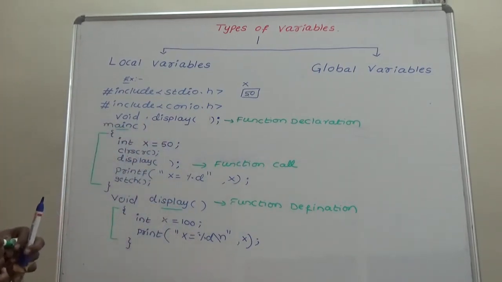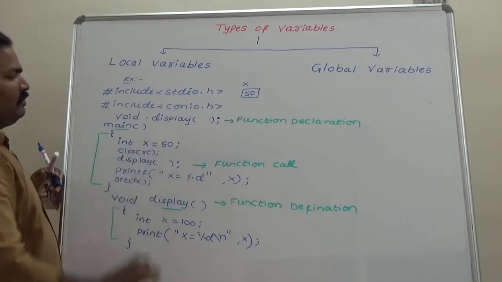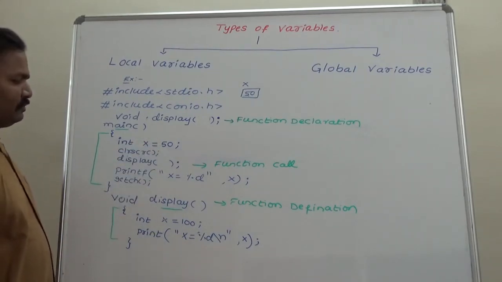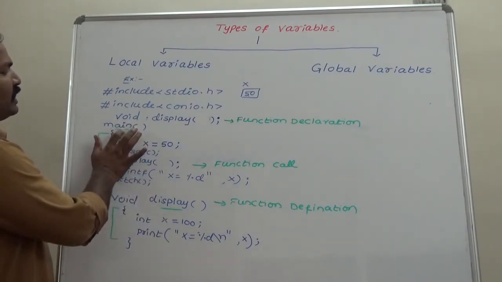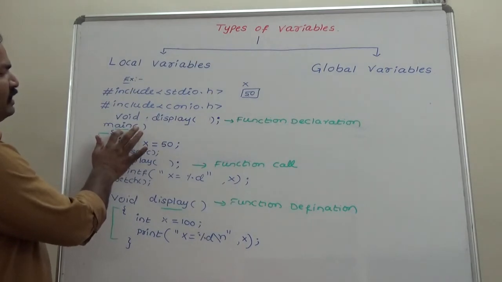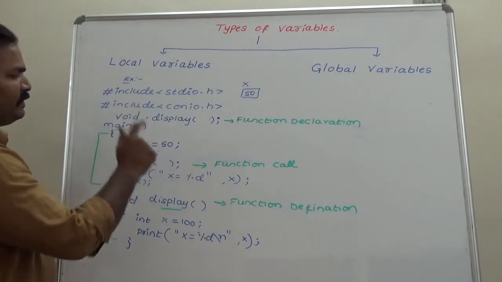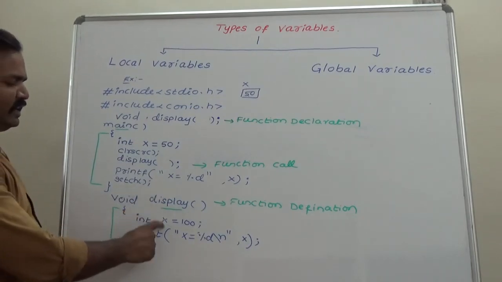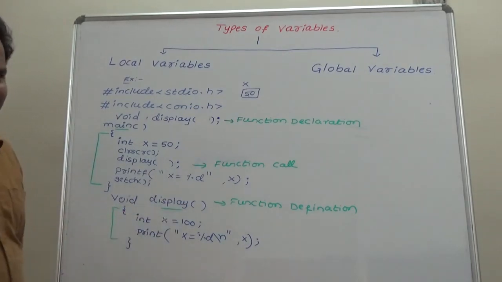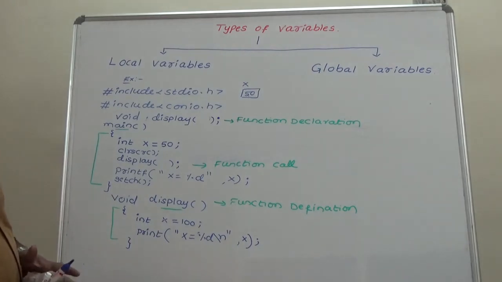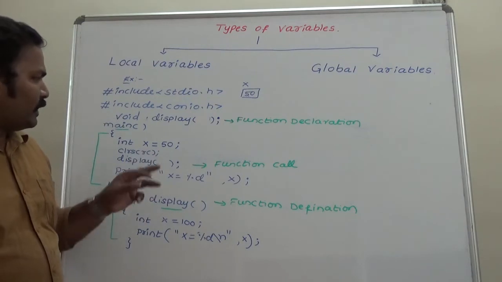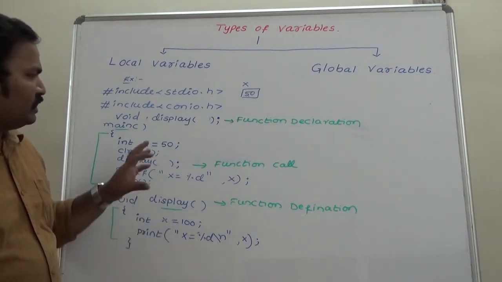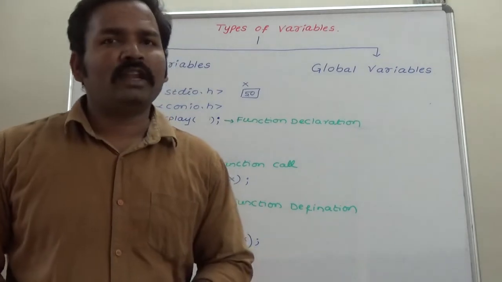In main function, we declared one variable x. In display function also, we declared one variable x. For main function, x variable value is 50. For display function, x variable value is 100. In this program, these two x variables are called local variables.